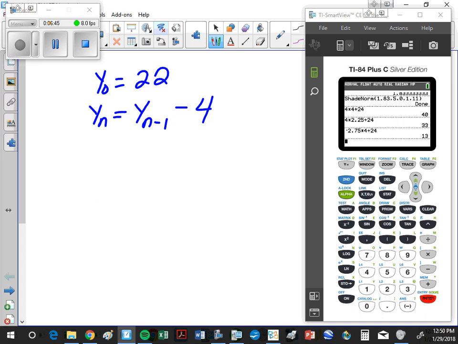What would the explicit equation be? Everybody understand that? Okay. Would the graph of this equation be a solid line or a dotted line? This one's solid. How come?